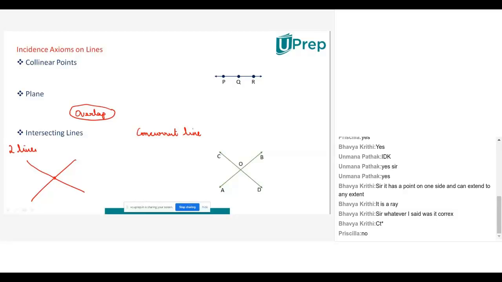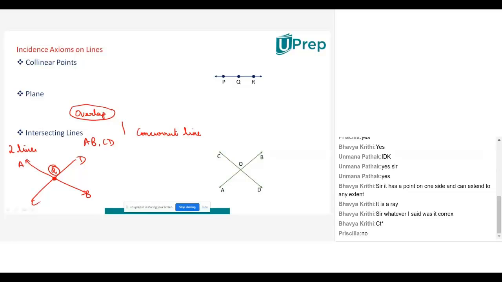That is, we have two lines. If I name this AB, assume it to be a line, extending indefinitely. And if I name this CD, AB and CD are two lines which have a common point, say Q. Then AB and CD are called intersecting lines.